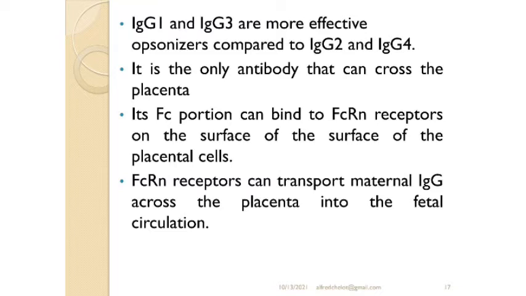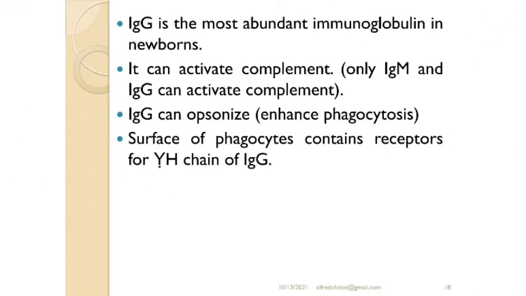This type of immunoglobulin is the only immunoglobulin that can cross the placenta, and this happens when its Fc portion binds to the FcRn receptor on the surface of the placental cells. The FcRn receptors transport the maternal immunoglobulin across the placenta into the fetal circulation.